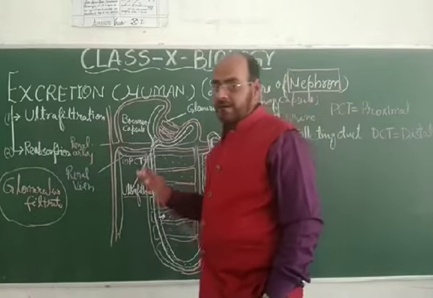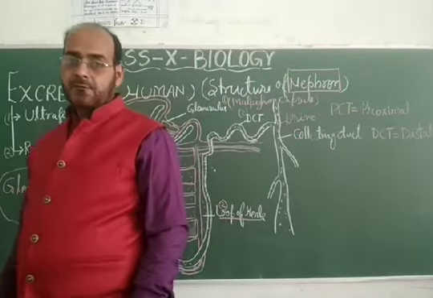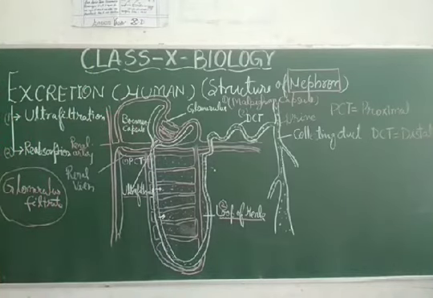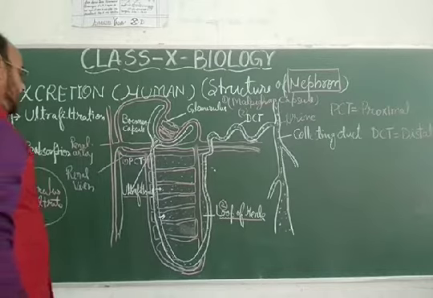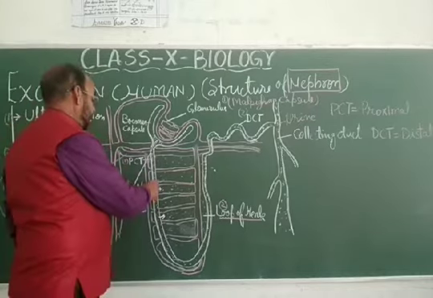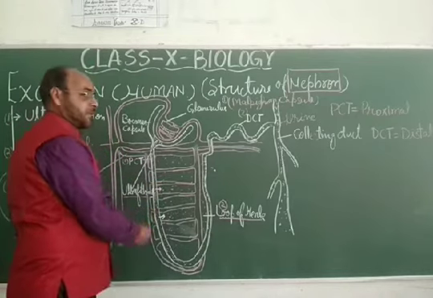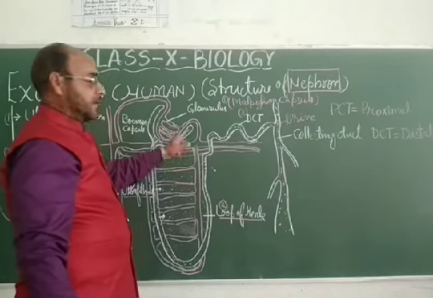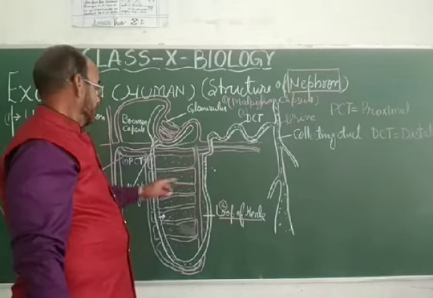My dear students, in the ultrafiltrate, there are nitrogenous waste, amino acid, glucose, essential inorganic ions, etc. And these are essential materials, except nitrogenous waste, and have to be absorbed by the body. They should not go out of the body through the urine.